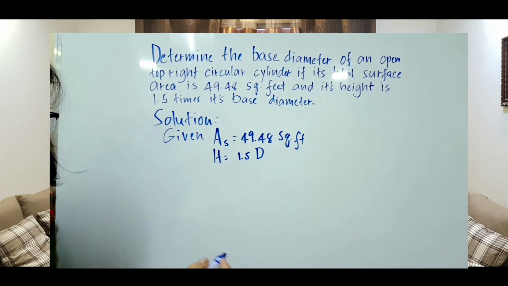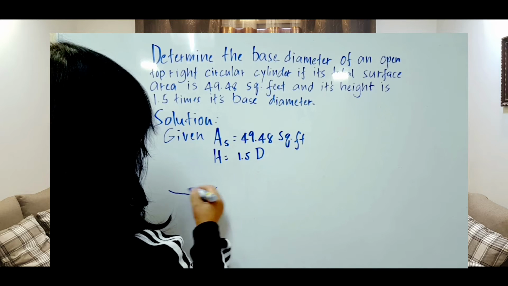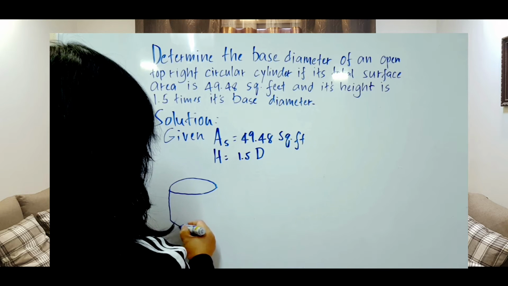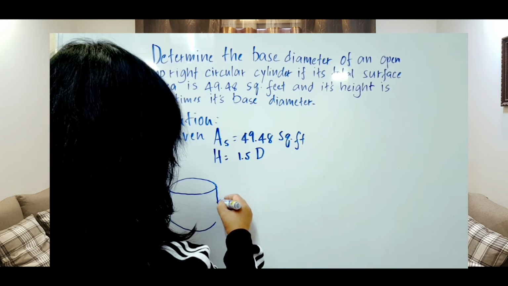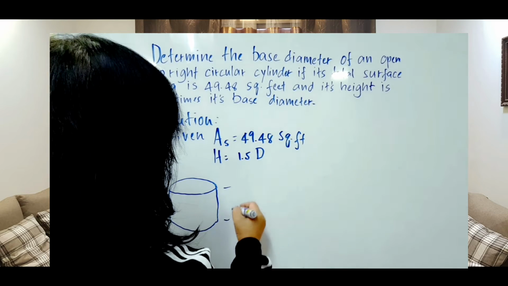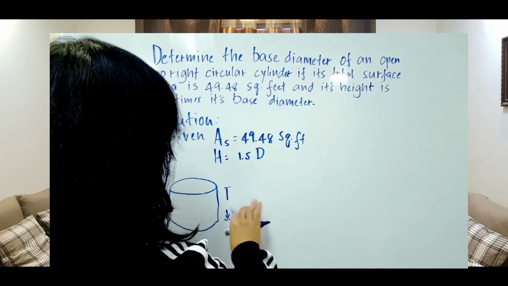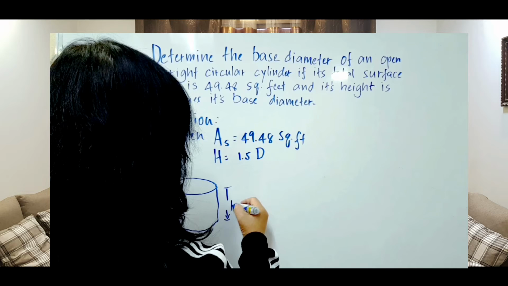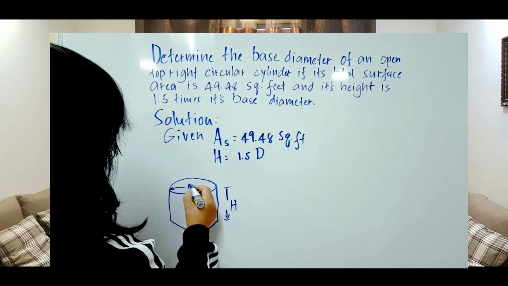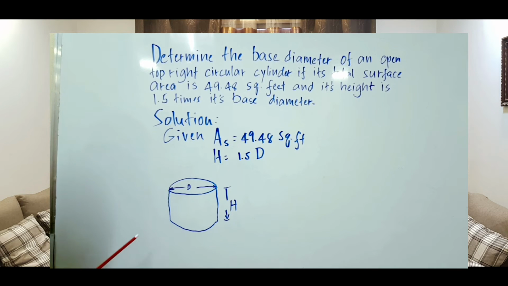So if you have to make the rough sketch of an open right circular cylinder, this is the height, and this is the diameter, and the height of the cylinder.